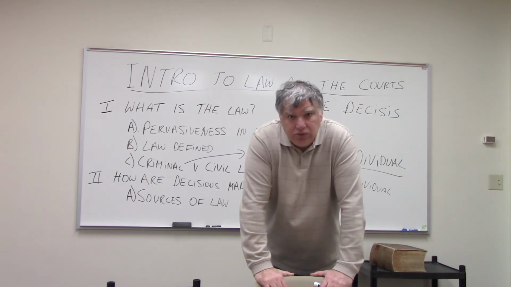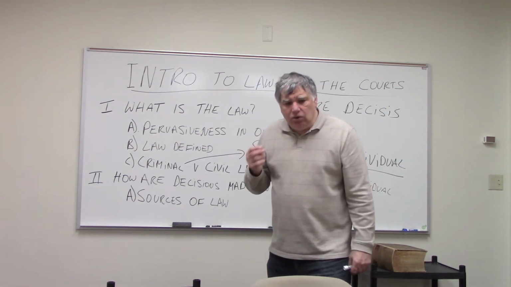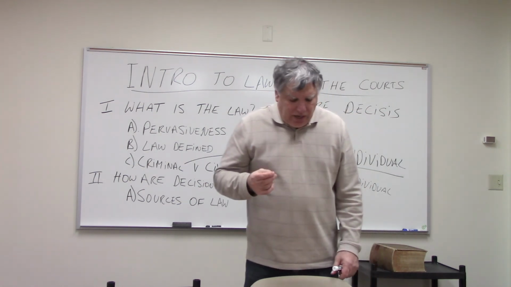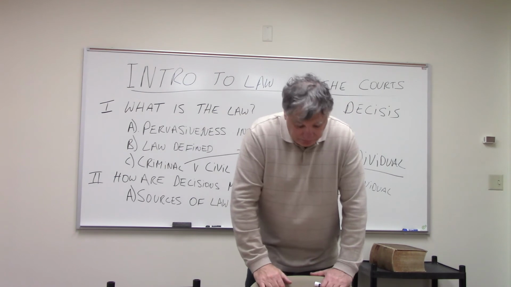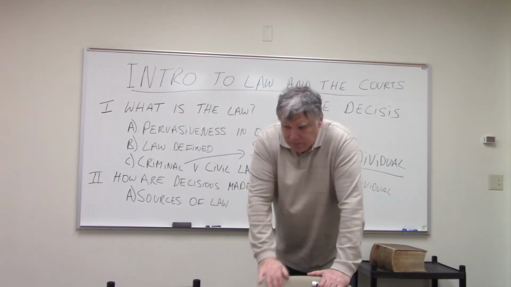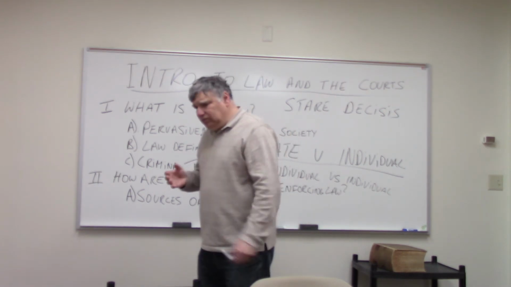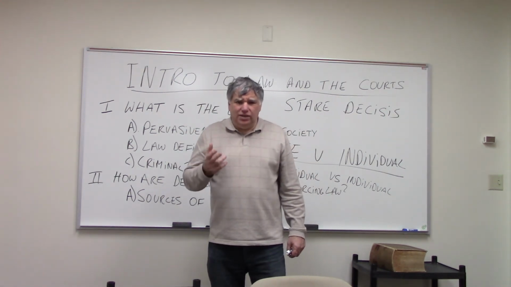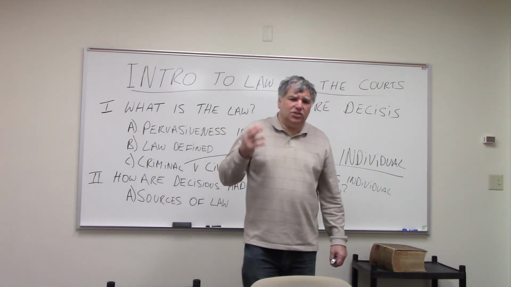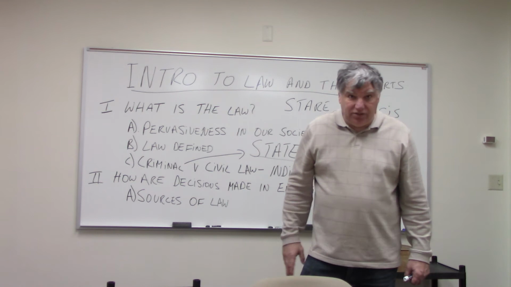So this gets us to the next question, and the question is, how are our courts organized to make and enforce the law? And when we talk about this question, what we want to emphasize is that in many ways, the American legal system is pretty unique, and it's incredibly complex.